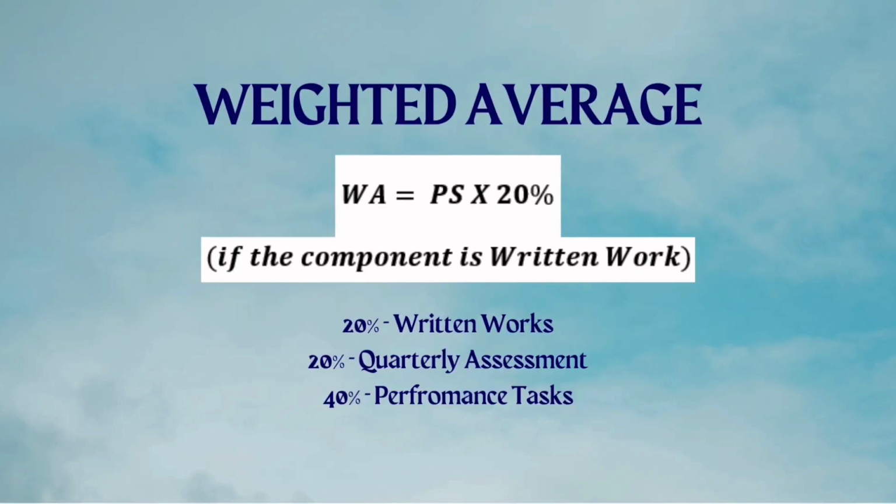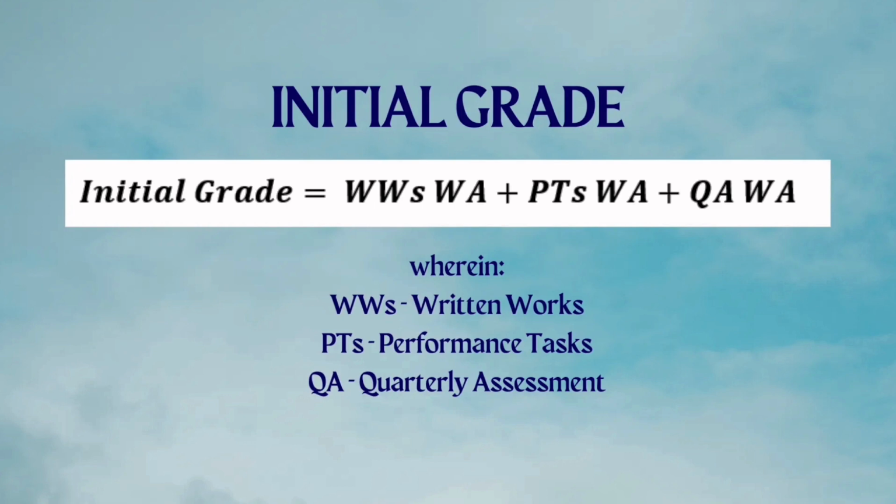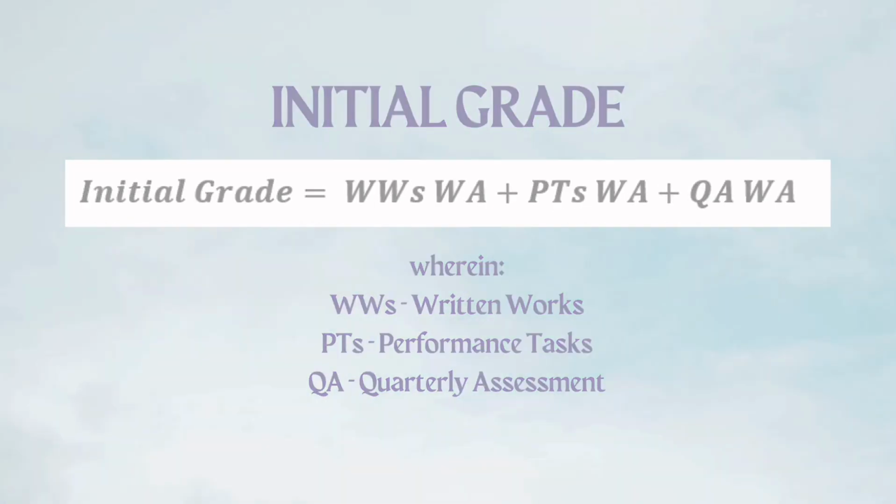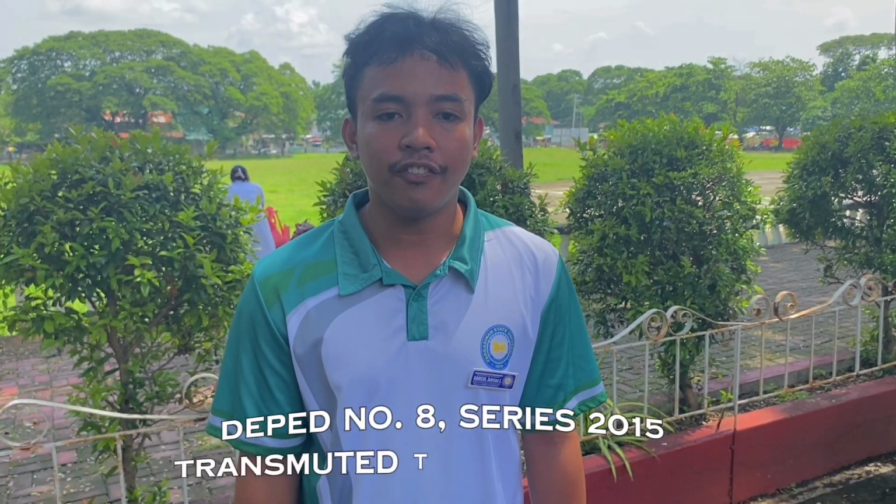WA or weighted average is computed by multiplying the PS by the weight distribution of a component, while the initial grade is obtained by adding all the weighted averages of all components, which are written works, quarterly assessments, and performance tasks. Once the initial grade has been computed, it can be cross-referenced with the DepEd Order number 8 series 2015 transmuted table of grades to find its equivalent, or the quarterly grade.